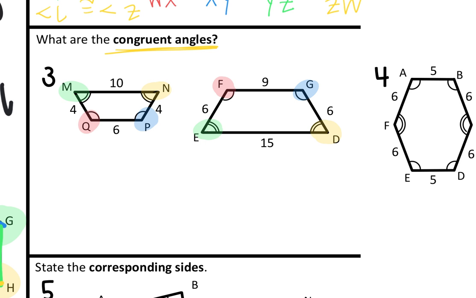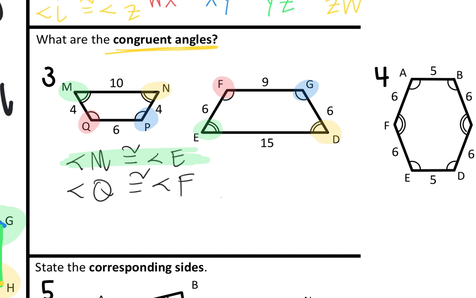Okay, so angle M is congruent to angle E. So I'm going to start with those, and these are the green ones that you see there. Angle Q is congruent with angle F. And angle Q and F are in red, so I'm going to highlight them in red.